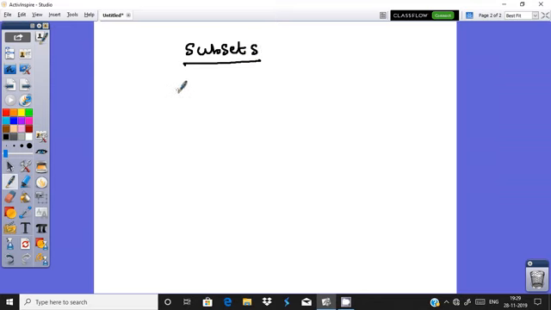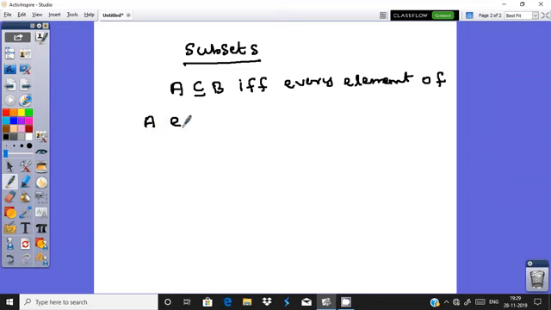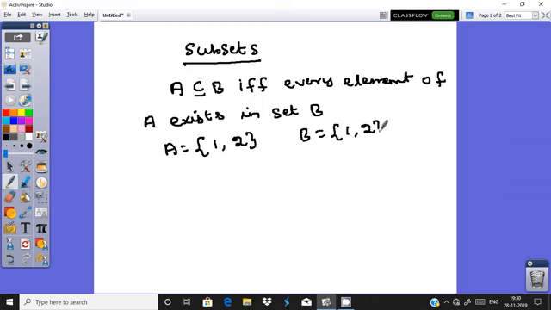For example, I can say that A is a subset of B if and only if every element of A exists in set B. So that means I can write like this: A equal to {1, 2} and B equal to {1, 2}.